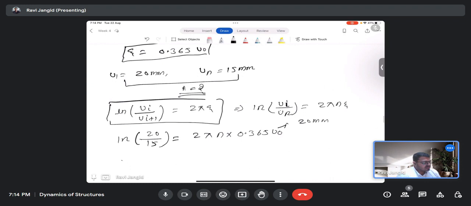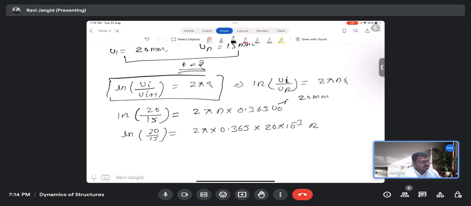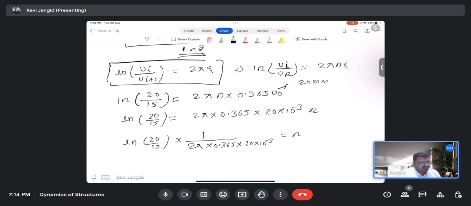So that is ln 20 by 15 equals 2 pi into 0.365 into 20 into 10 raised to power minus 3 into n, because all units are converted into meters. So it becomes ln 20 by 15 into 1 upon 2 pi into 0.365 into 20 into 10 raised to power minus 3 into n. Can you get the answer for me?